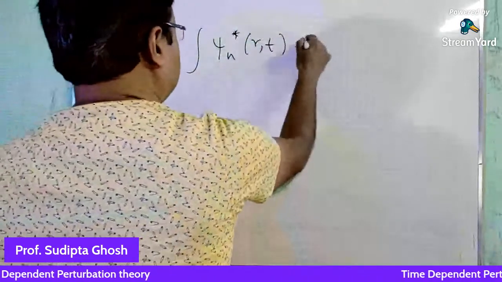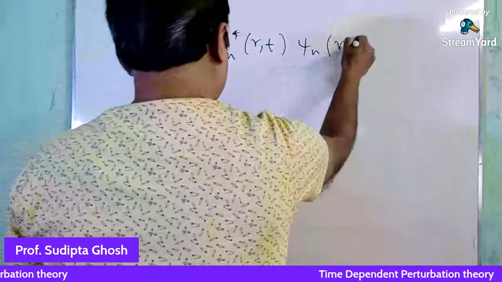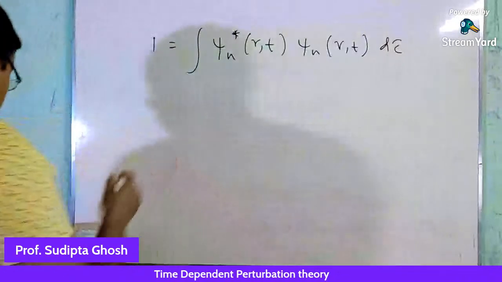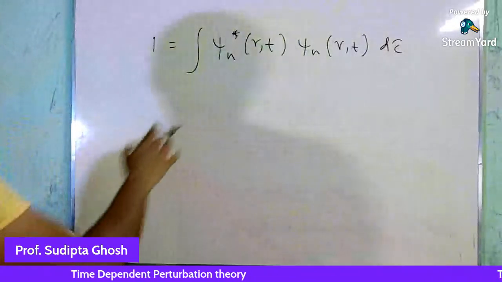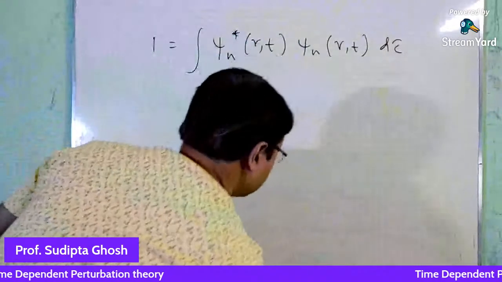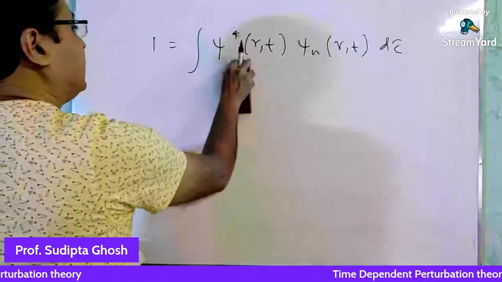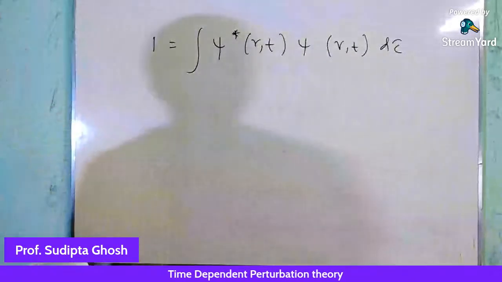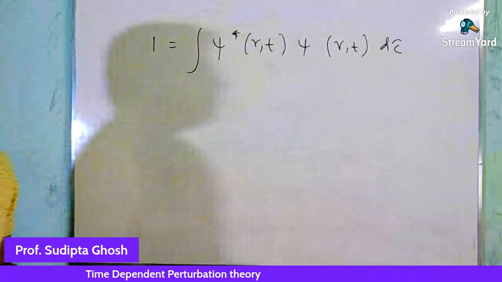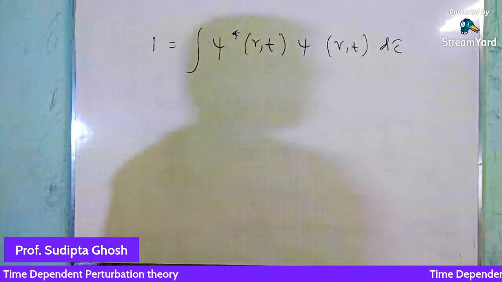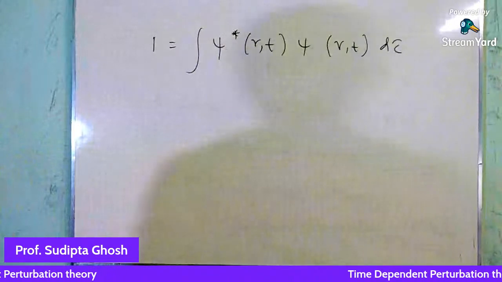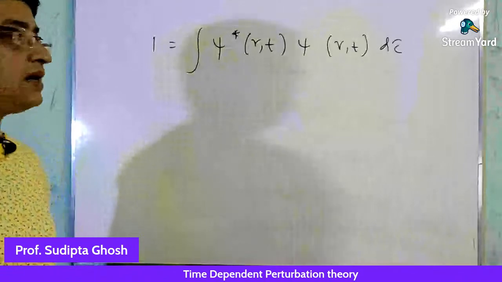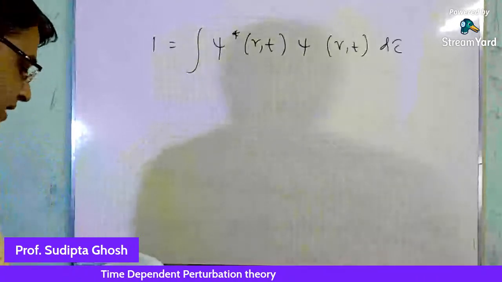Now psi n star of r, t can be written simply as psi star, where the function is taken as psi of r, t. So if the wave function is normalized, it can be written as 1 equals the integral of psi star of r, t into psi of r, t d tau.